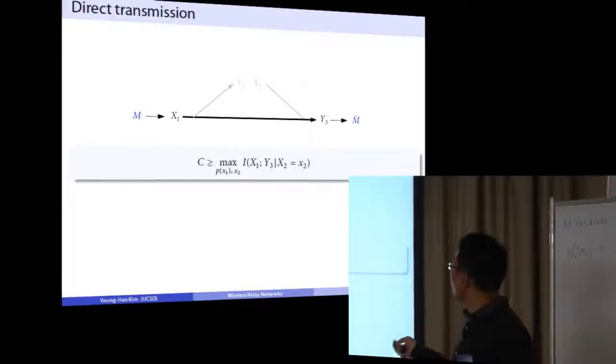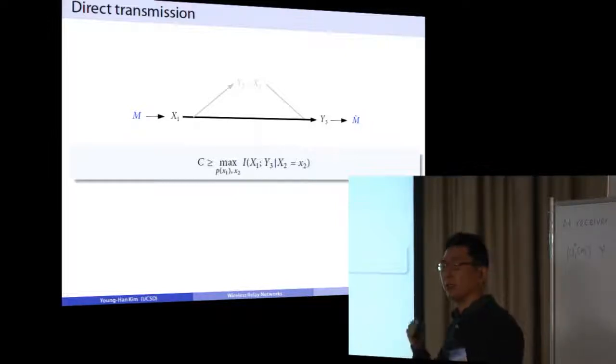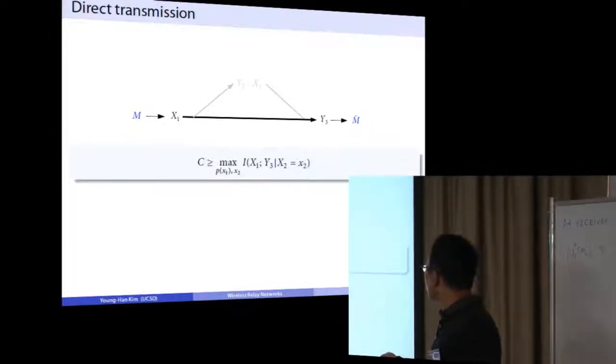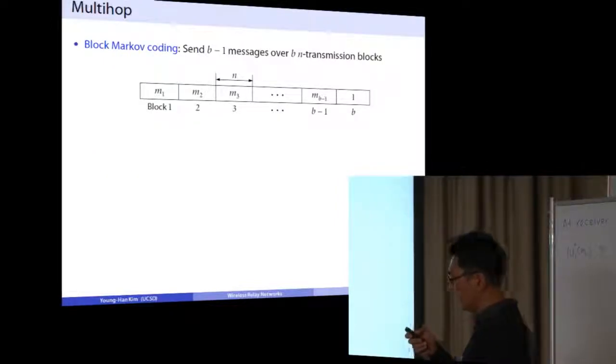Then communication from node 1 to node 3 is exactly the same as point-to-point communication. And for point-to-point communication, we know what is the best. We can choose the maximum mutual information by carefully choosing our input distribution on X1 and maximizing the mutual information between X1 and Y3 with the relay being silent. So this is what we can achieve.